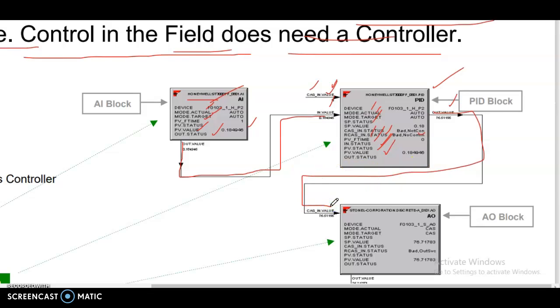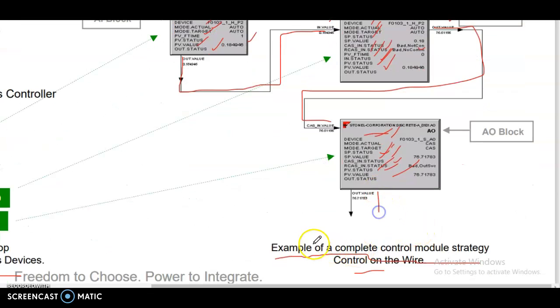Here, mode actual, mode target, SP status, SP value, CAS_IN status, RCAS_IN status, PV status, PV value, output status. Then output value. Example of the complete control module strategy on the wire.